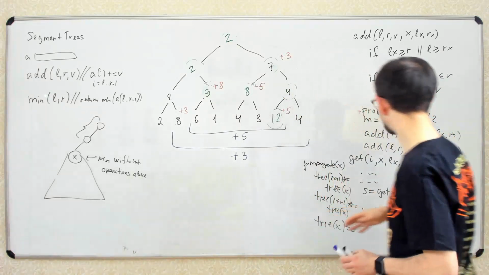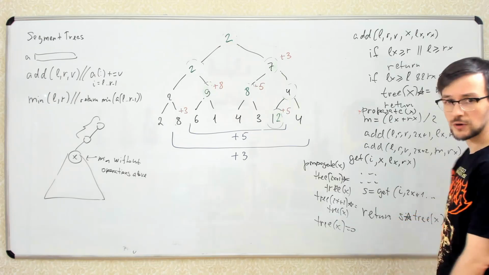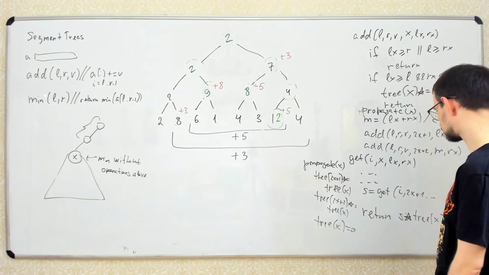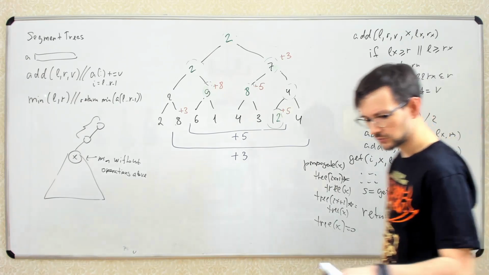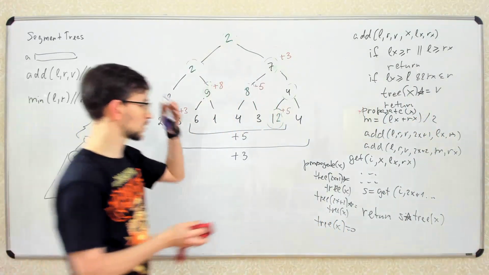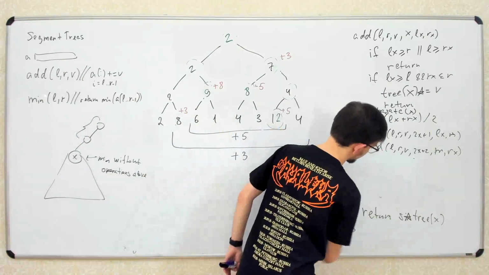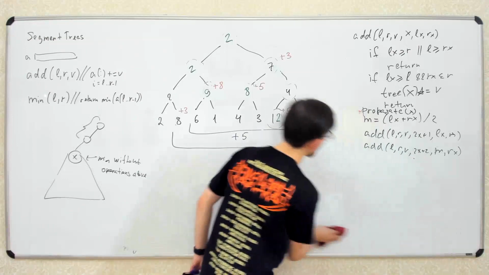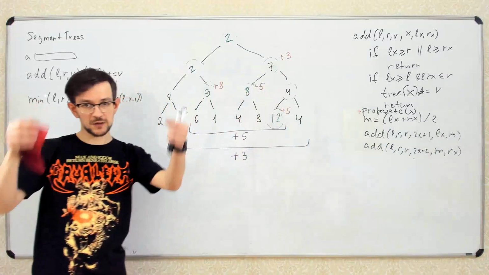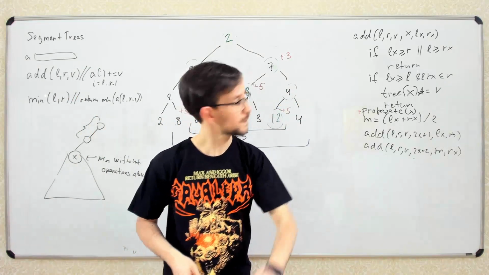Okay. Should I write the code? Well, let's write the code. So how to calculate the minimum? When you add something to the segment, you make the same recursive procedure. So you start from the root.